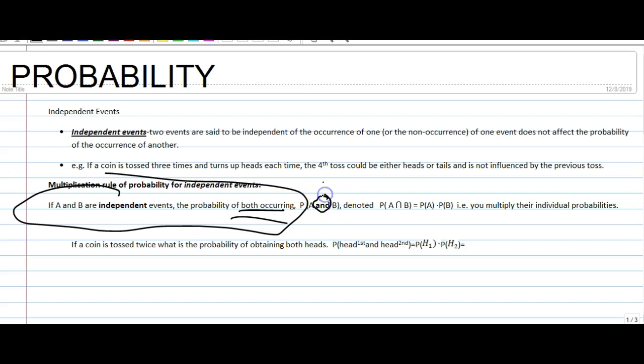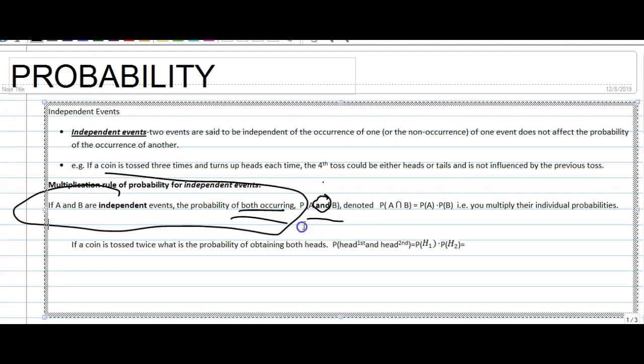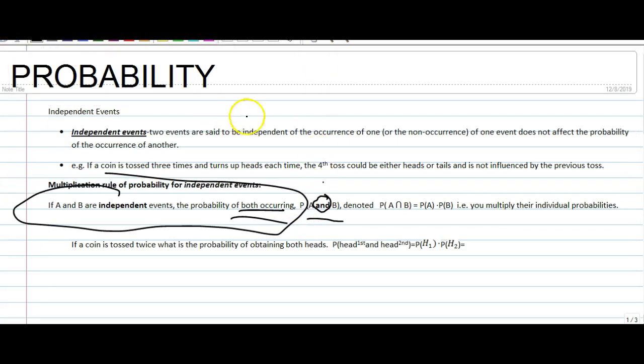The connective here is and. And in general, not always, but in general, anytime you see the connective and, then what's going to happen is you're going to multiply their individual probabilities to determine the probability that both events occur.